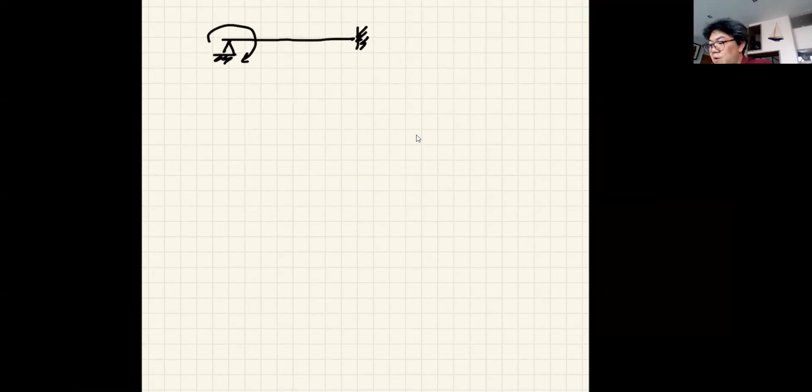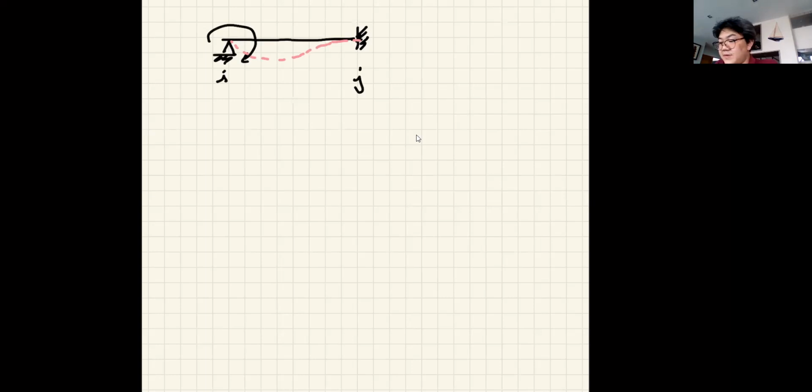If I call this joint J, we will have the rotation, in a different color, and your member is going to deform like that, and this comes to 0. Okay, so let's say we are focusing on the carryover factor from I to J.